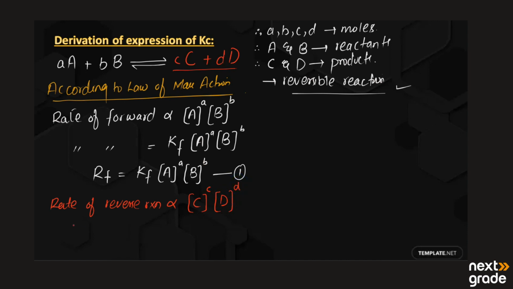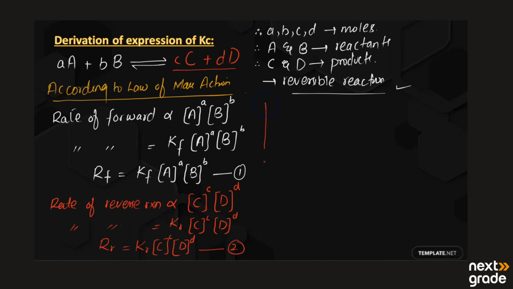By removing the proportionality sign, we get the rate of reverse reaction Rr is equal to Kr times [C]^c times [D]^d. So this is the second equation.